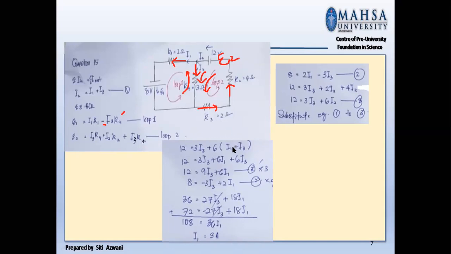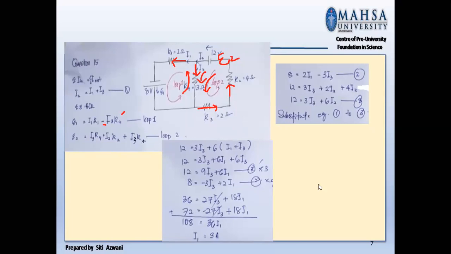Substitute into the third equation here: 12 equal to 3 I3. So I got the new equation, 12 equal to 9 I3 plus 6 I1. No more I2 in my equation, so I have I3 and I1 here.